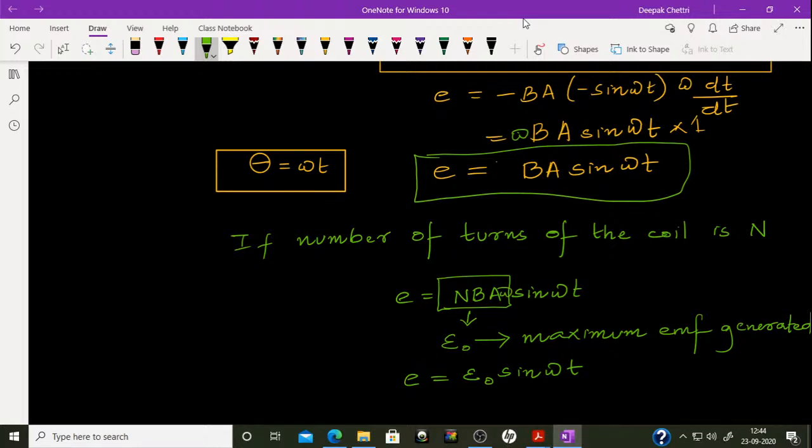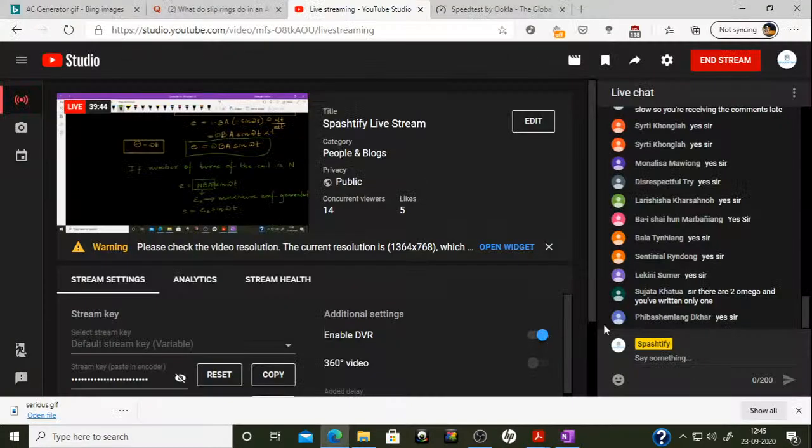There is one more omega, please take care of that, because from here we will get omega BA and all that. All these are constant, NBA omega is a constant, so that is your maximum EMF generated. Is it clear now how E is equal to E naught sin omega t?